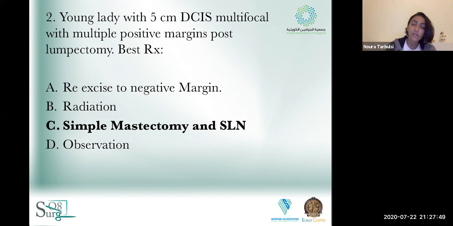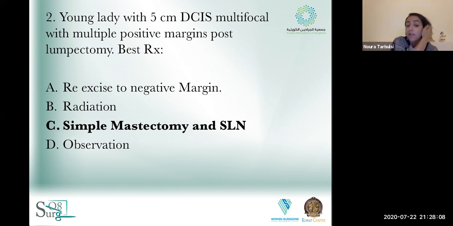When they slice it and process it and look under the microscope, they see the ink and can tell you if the cancer cells are reaching the inked margin. So for breast cancer, all you need is a negative margin, meaning no tumor reaching the inked margin.